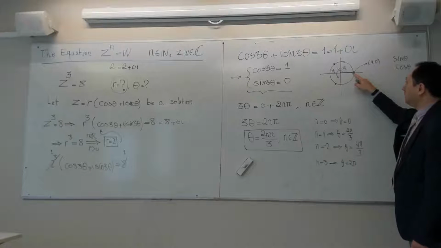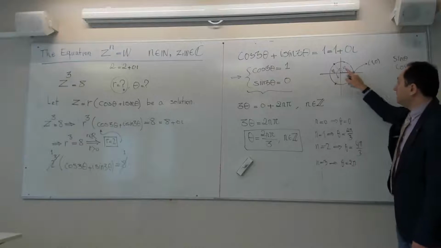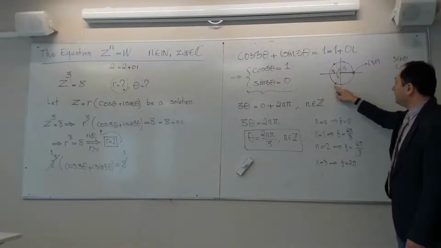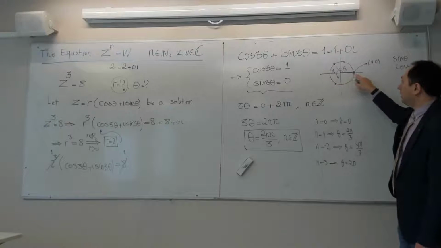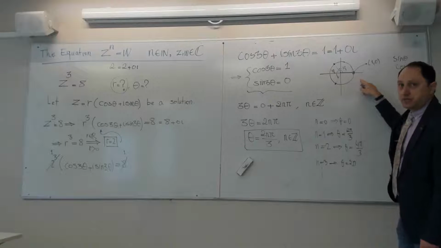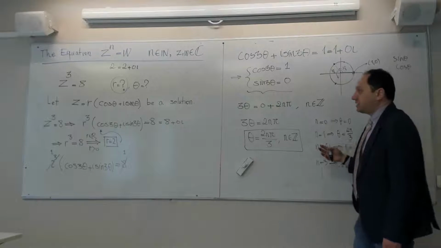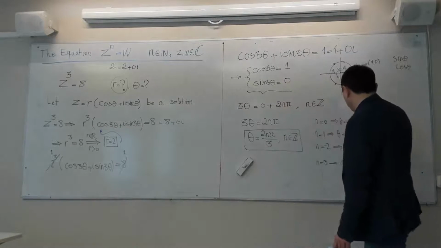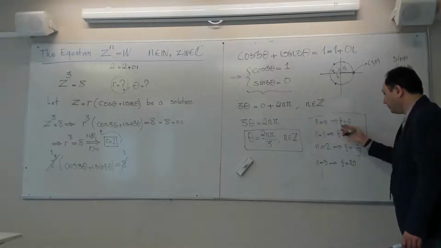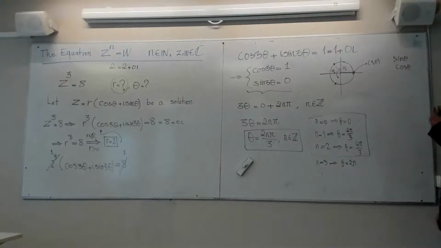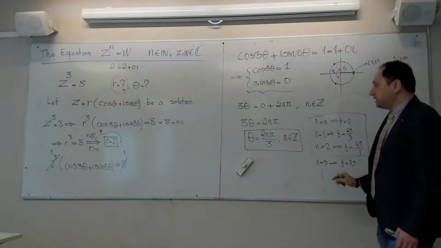Infinitely many of them will be here, infinitely many of them will be here, and infinitely many of them will be here. And what matters for me are just the final points. So in total, if I ask you how many angles I need, I will just take these 3. I don't need to continue anymore. Okay? Now everything is ready.